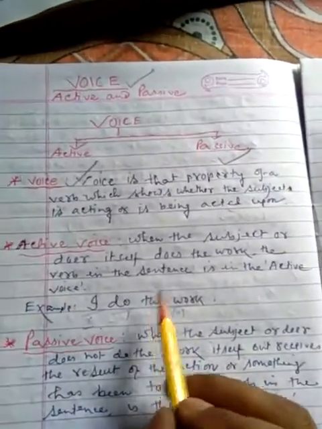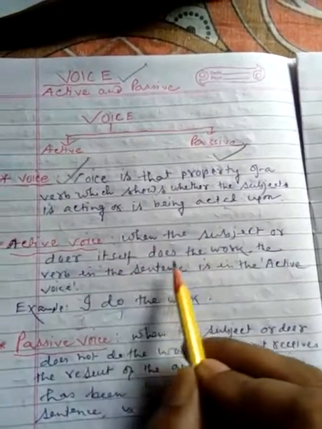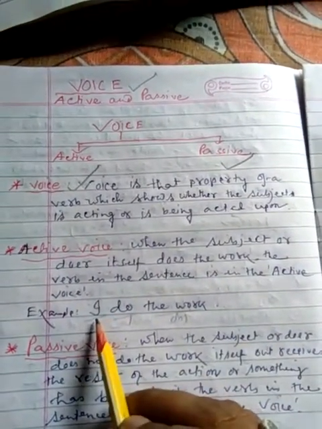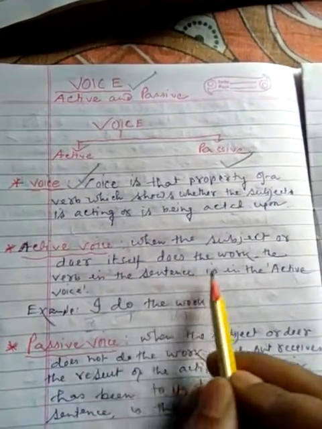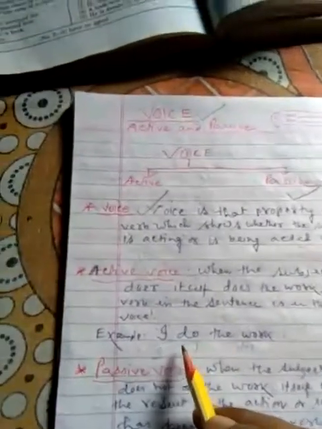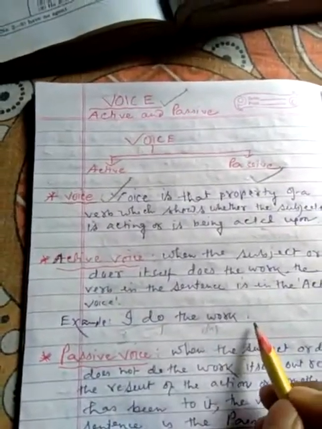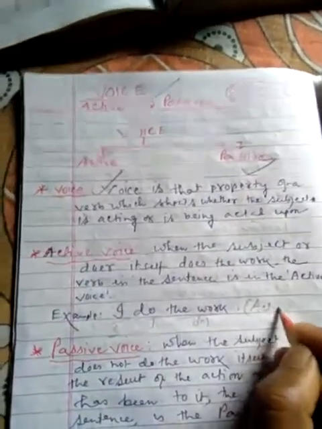So what is the definition? The definition is that when the subject or doer itself does the work, subject means I is doing the work, and the verb in the sentence is in active voice. It means the sentence is in active voice. Have you understood?